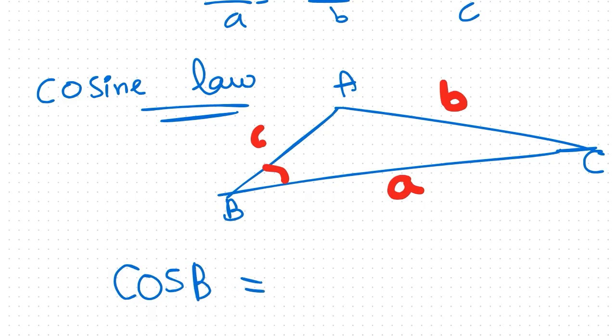The formula for cos B: apart from B, what are the sides left? a and c.